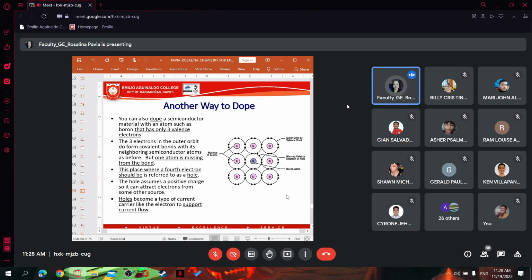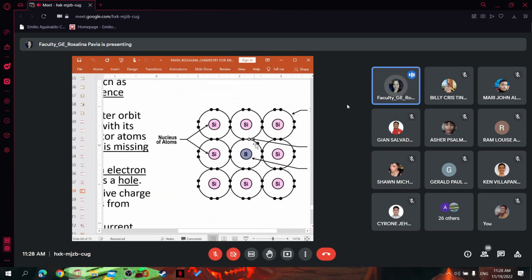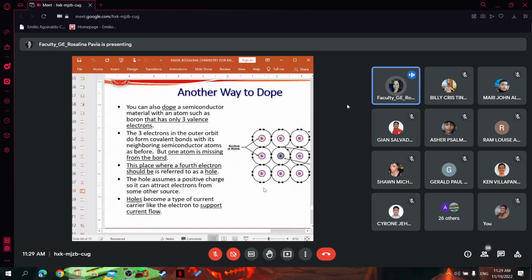Kita nyo siya, ito yon. Huwag niyong pansinin yung extra dito kasi yun yung sa arsenic kanina. May butas dito kasi kulang ng electron na na-share sa neighboring silicon. The hole assumes a positive charge, so it can attract electrons from some other source. Okay? It can attract electrons from some other source.